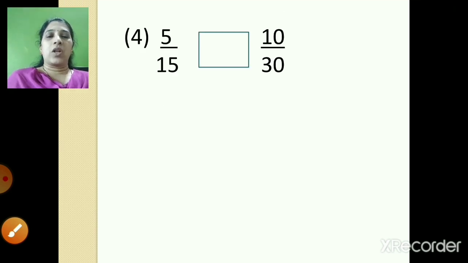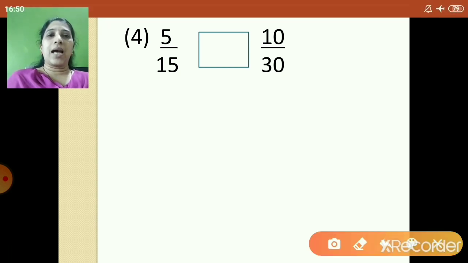Fourth one, because the third one is for self-study. 5 upon 15 and 10 upon 30. Now children, you can see here one denominator is 15 and the other denominator is 30. So it is an unlike fraction. Directly you cannot put the greater than or smaller than sign.